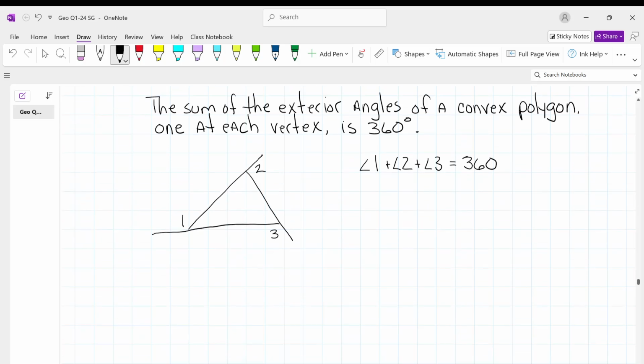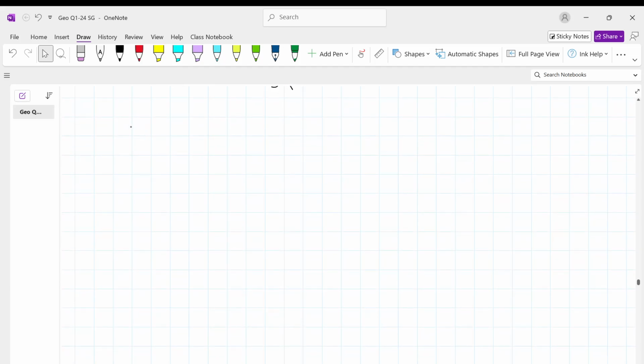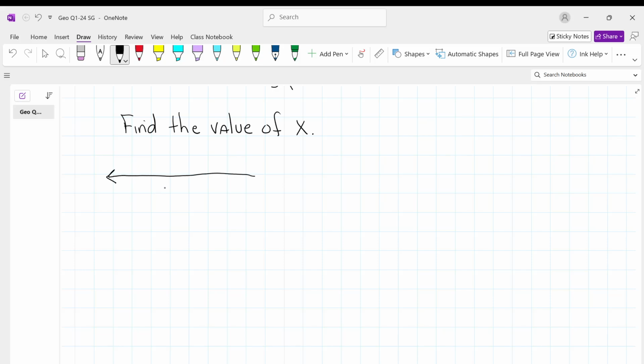So if you are asked, find the value of x, and you're given a polygon, and they give you expressions for all the exterior angles.